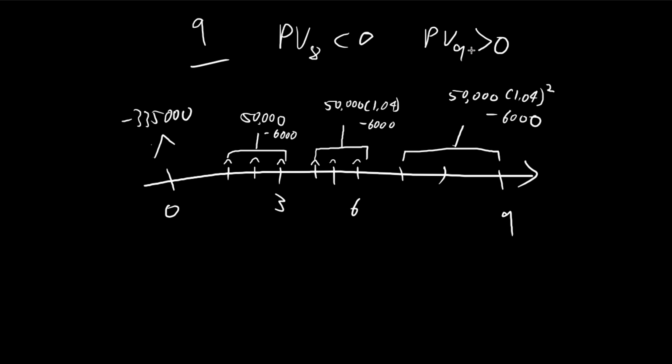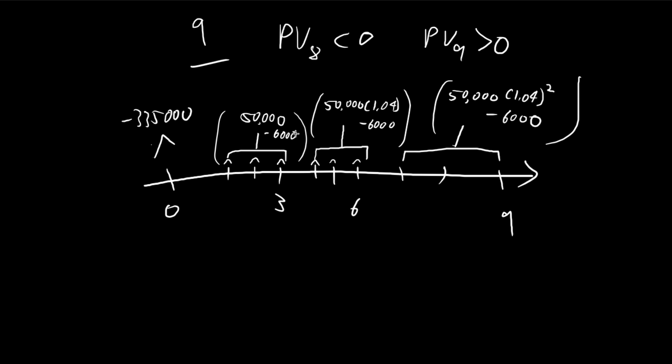And then just looking at this diagram, we can group this up into these components. Because of the 1.04 over here, this complicates things a bit. In order to incorporate this 1.04, we can bring the present value of each group back separately.